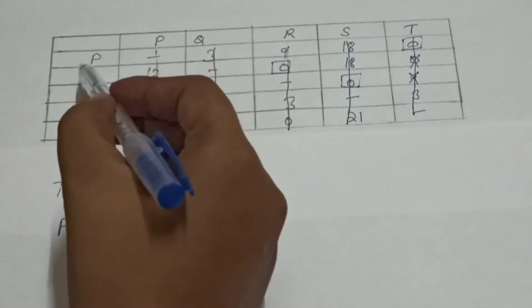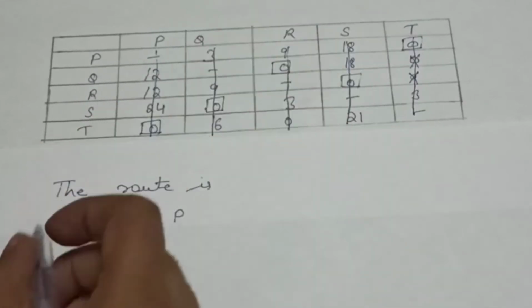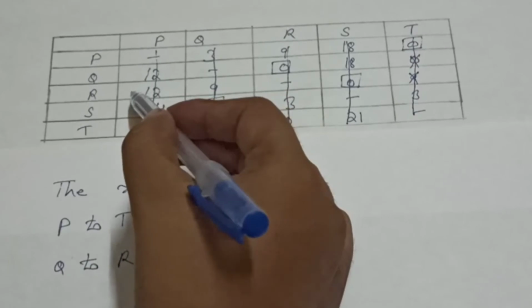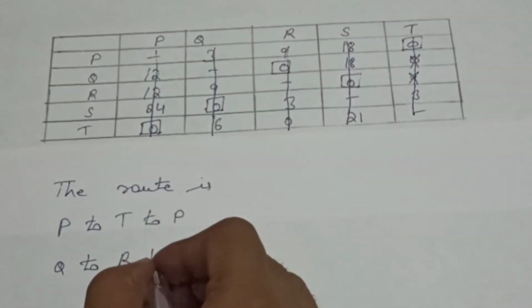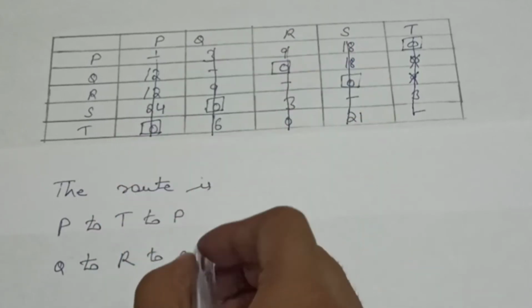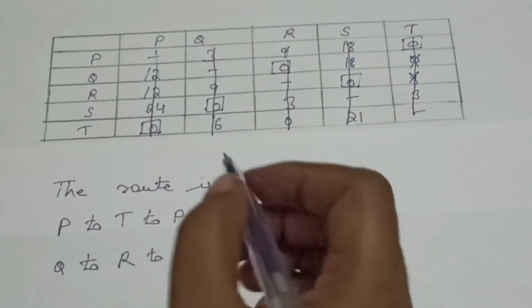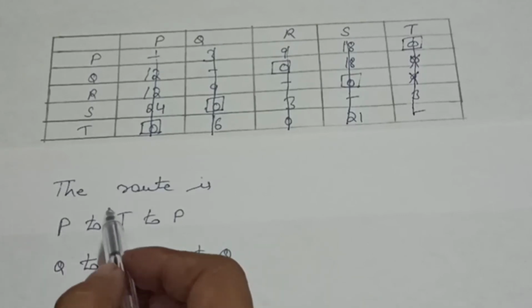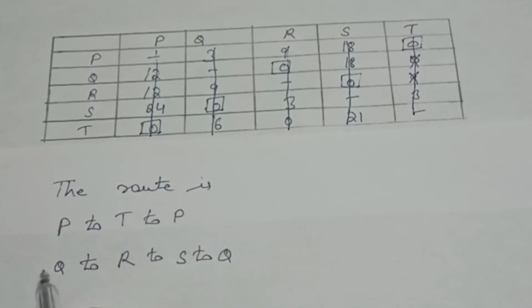Now you can see Q to R, then R to S, then S to Q. So we have 2 routes: P to T, then T to P, and the second route is Q to R, R to S and S to Q.